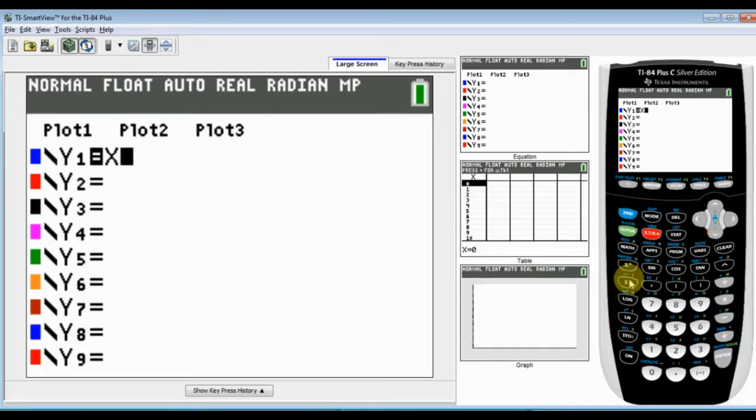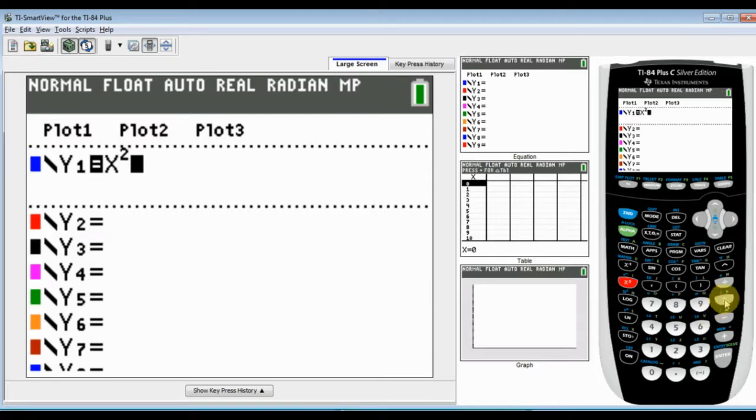So this is x squared times the cosine of x squared times the sine of 2x. Take a second to put that in your calculator.